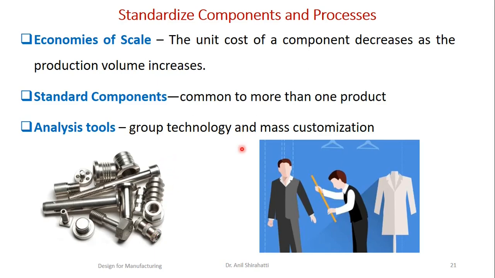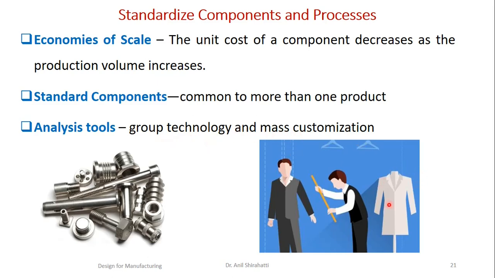Now what do you mean by group technology and mass customization? See, this is a simple example of tailoring. You know we have sizes like M, small, 42, 40, 44, XL, all these are standardized. So there is a process where they are using group technology and mass customization.